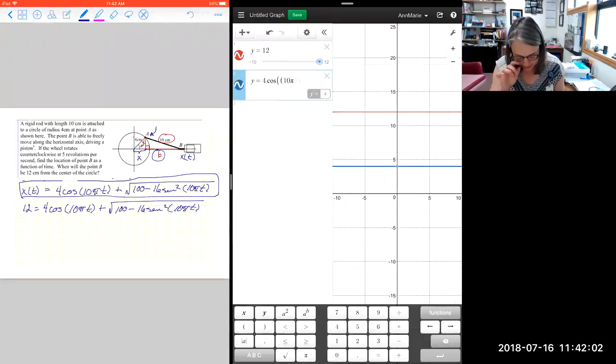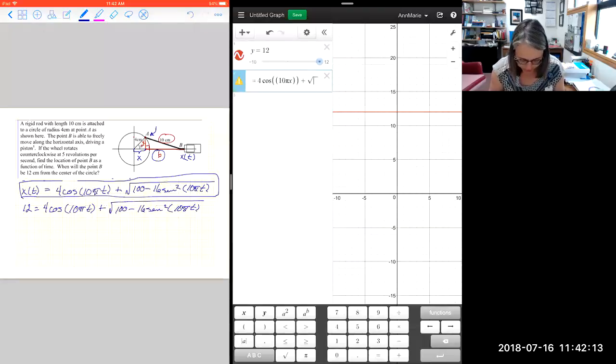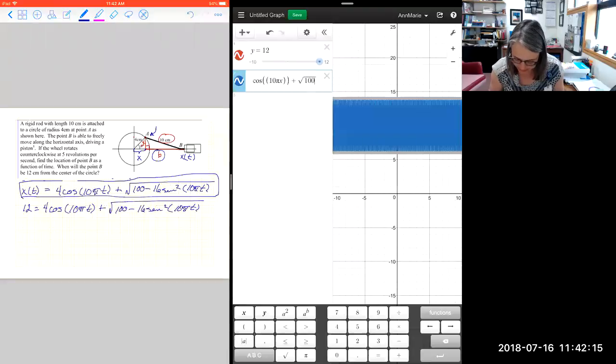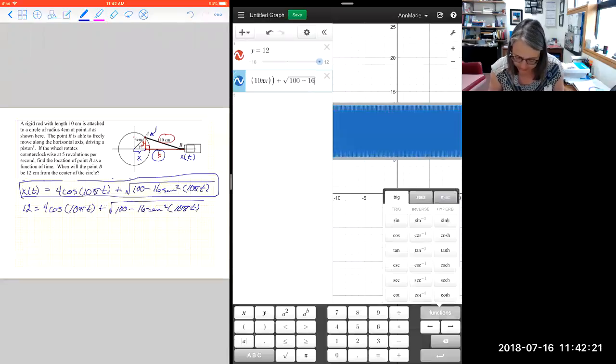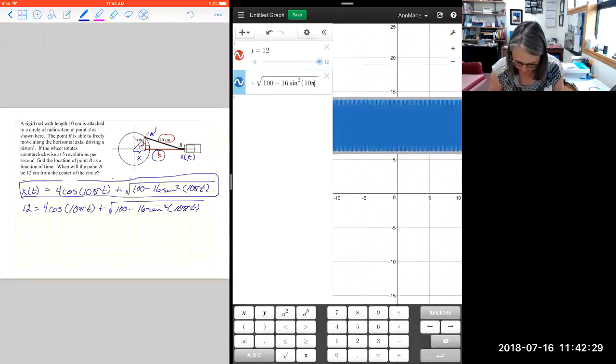Now, instead of t, I'm going to use x. Plus the square root of 100 minus 16 times sine squared of 10 pi x.